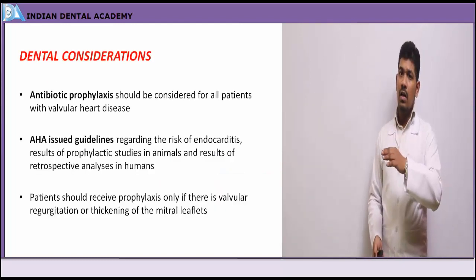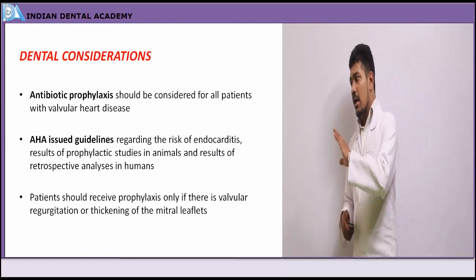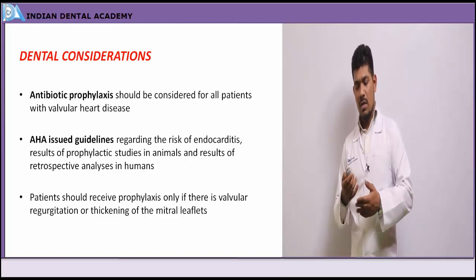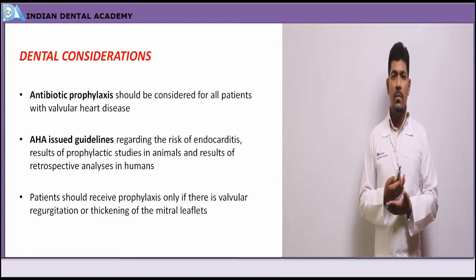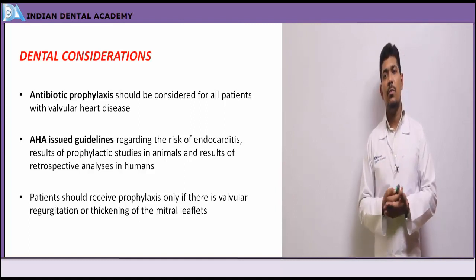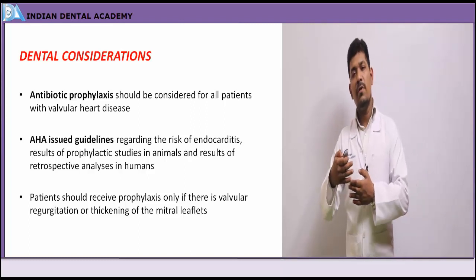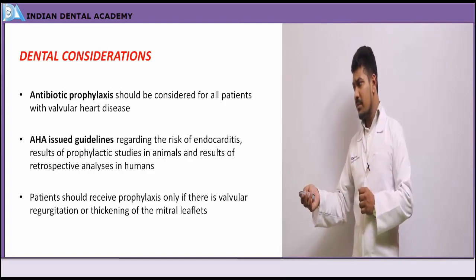Now, what emphasis does this hold for dental treatment? AHA has issued a few guidelines which have to be followed when a person with bacterial endocarditis comes for dental treatment, upon which we can prescribe the medications necessary to treat that patient.